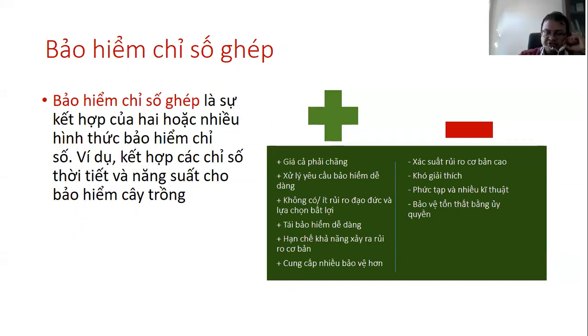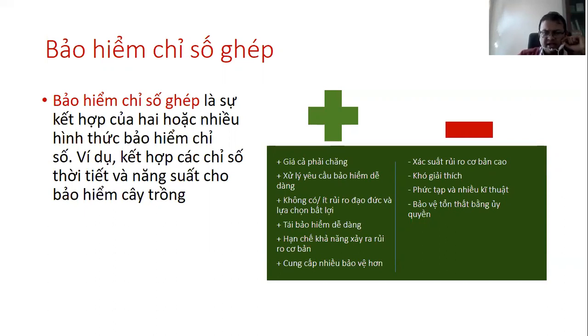It can also potentially reduce basis risk. So this challenge of the index insurance products only being relevant for the specific index can be reduced to the extent that we are using multiple indices or we are combining index with indemnity. And so overall, it can offer more comprehensive coverage or protection for the farmers.